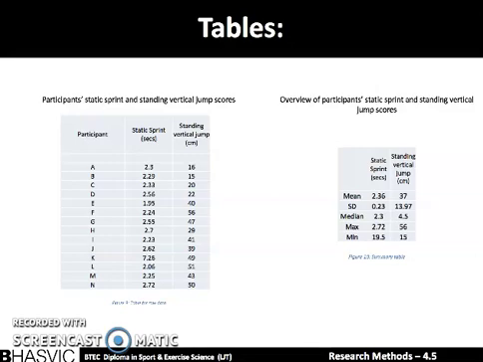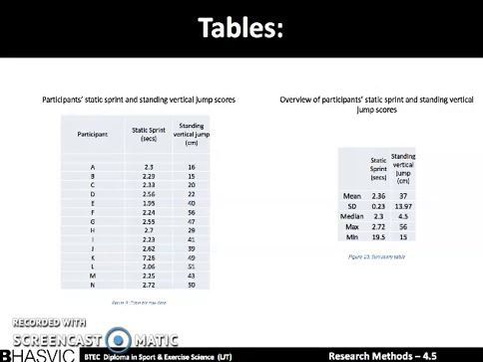You can see here that you've got all of the data for all of the participants, and then on the right hand side there's an overview in figure 10, a kind of summary table of the participants' scores, and that's included the mean, standard deviation, median, maximum and minimum. So the summary table has included the relevant information.